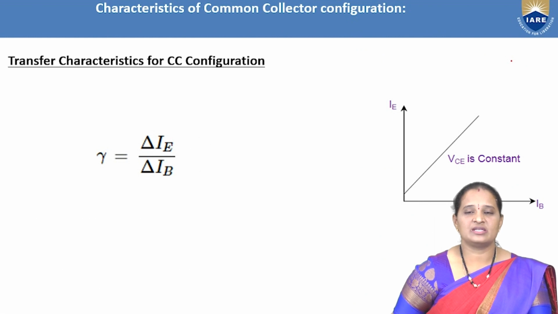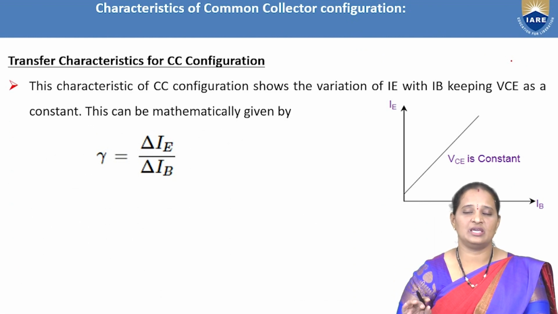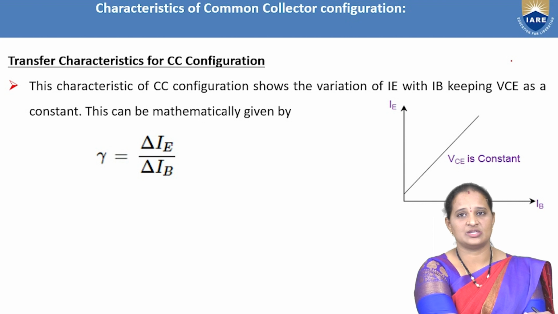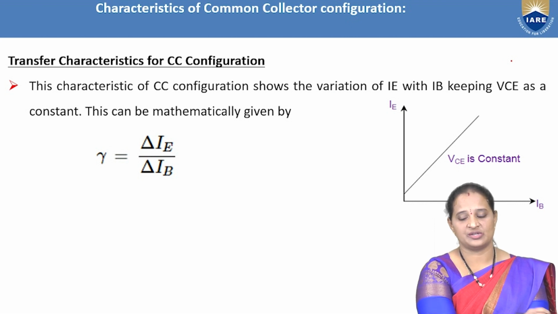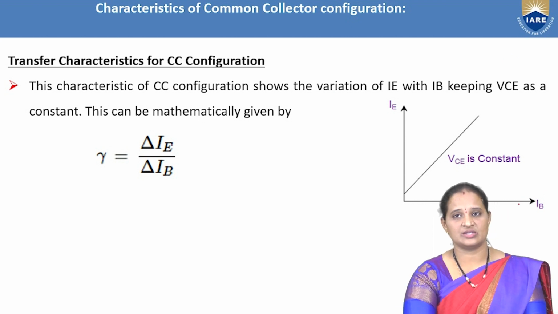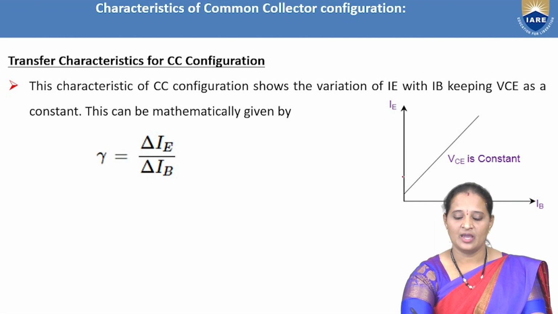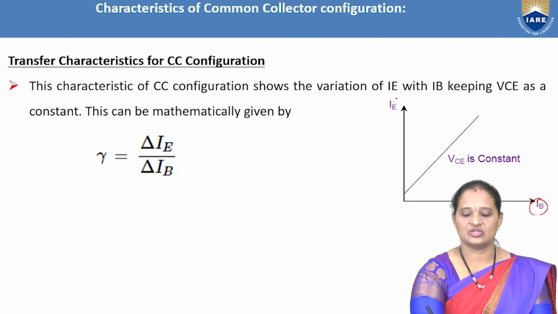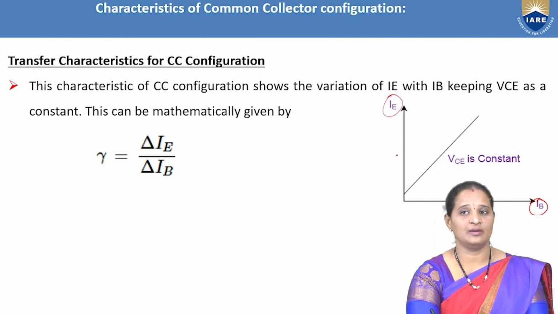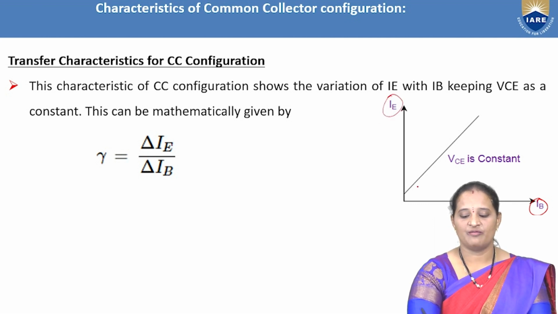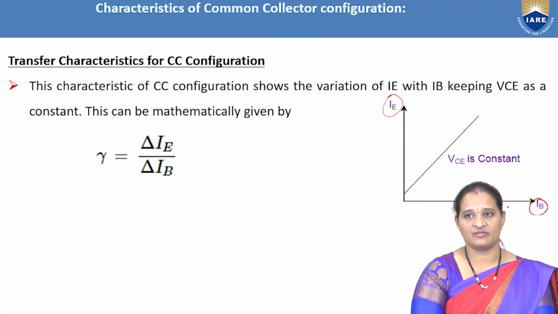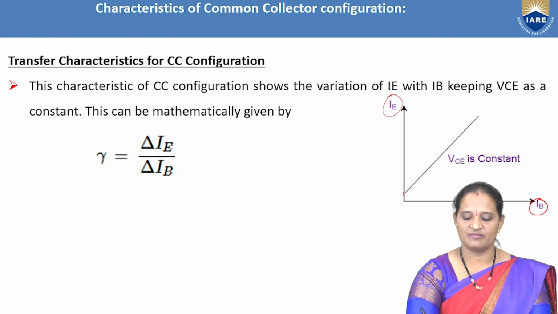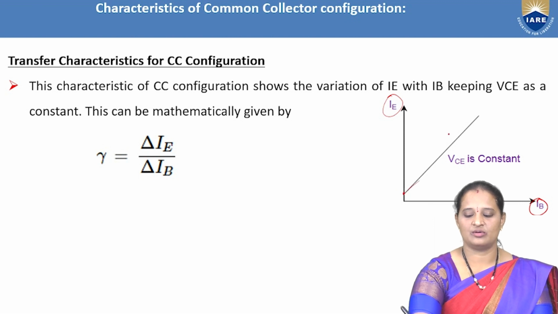Now let us see the transfer characteristics of common collector configuration. So these are the transfer characteristics of common collector configuration. Whenever we are varying the input current IB, the output current is IE, right? So here, whenever the input current is 0, there will be some leakage current flowing, and that is why we are showing that it starts from some leakage current here.